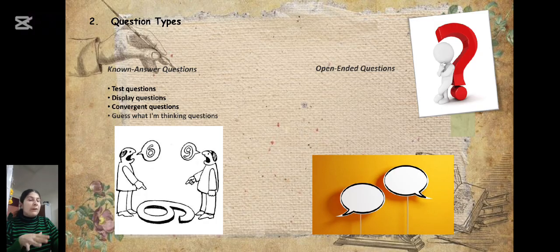The last one is about the teacher. In these known-answer questions, there is one right answer in the teacher's mind, and it becomes like, guess what I'm thinking. So children guess what my answer is and give the right answer.